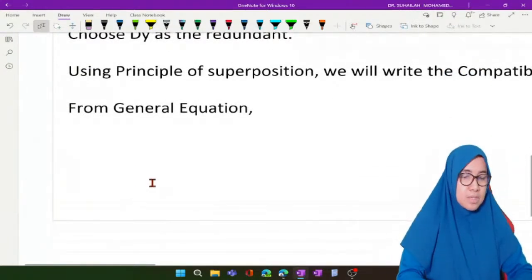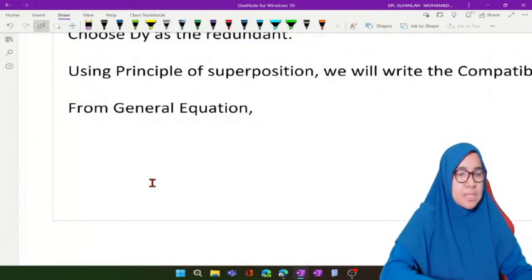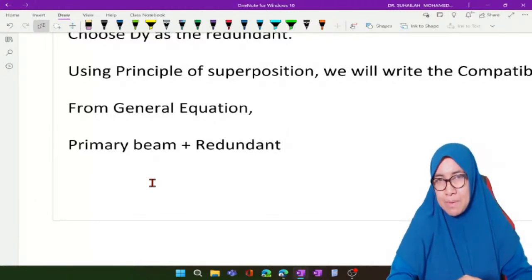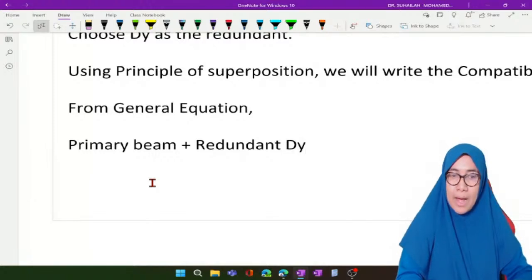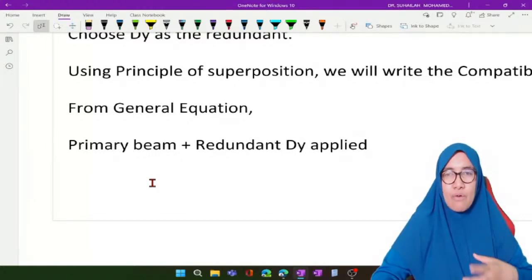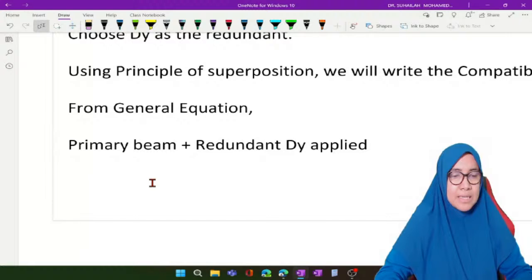We can start with the primary system, meaning displacement in the primary system. We name the redundant beam the redundant Dy applied, which means we apply a unit value of the redundant in the redundant beam.